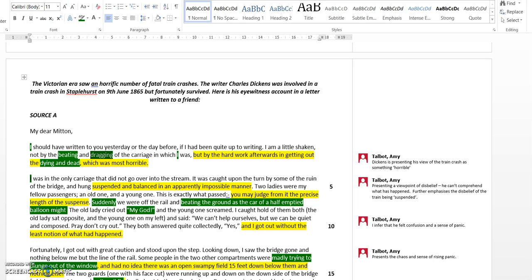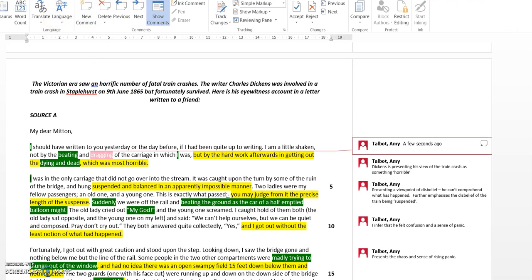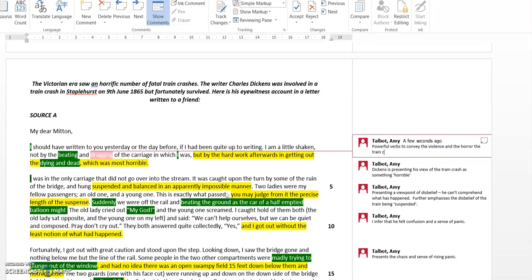Let's put in a comment here: powerful verbs to convey the violence and the horror of the train crash. Both those words, beating and dragging, suggest violence to me, and that it was quite a catastrophic event.